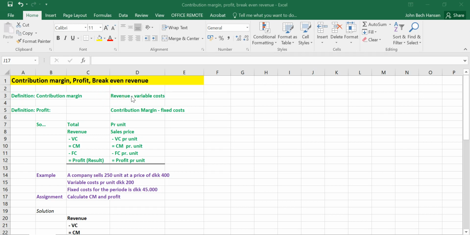As we talked about before, we cannot sell a menu without using the steak and the salad. So whenever we sell a menu, our variable costs will increase. Whereas fixed costs, they can change, but they are not depending on the revenue. So that's why we call them fixed, even though they can change.